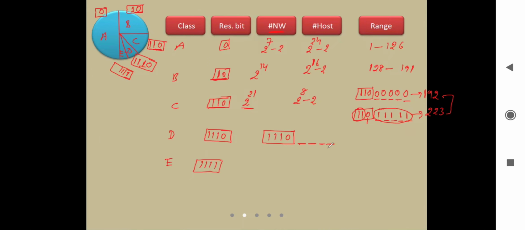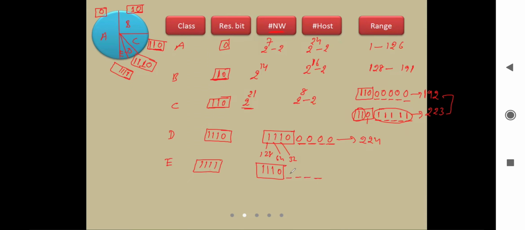For the minimum number I will put all zeros. Then what will be the value for this one? Here this is 128, after that 64, after that 32, and if we add all these it becomes 224. And what about the maximum value? It is 1110, and here it is 1, 2, 3, 4.